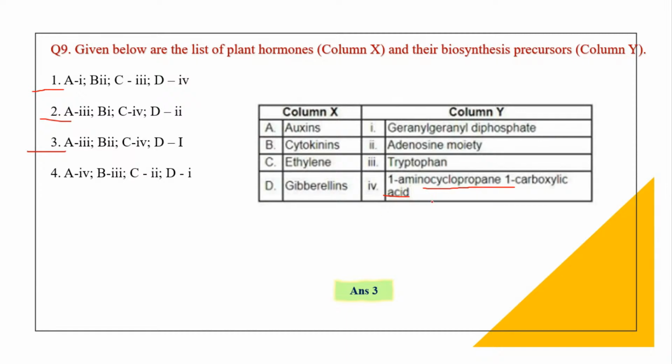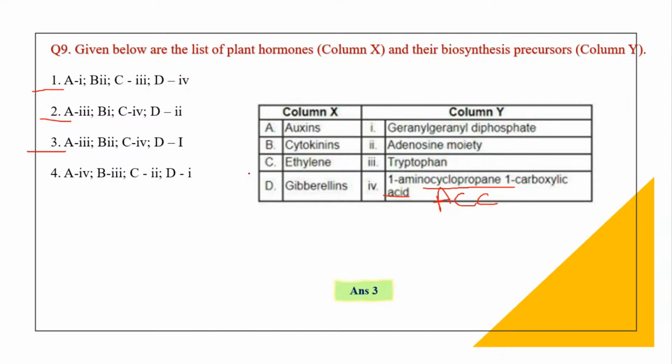Right? So this is ACC, and ACC is considered to be an immediate precursor of ethylene. It's not the direct precursor. The direct precursor will be methionine.